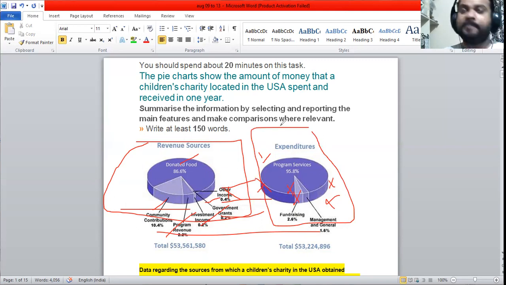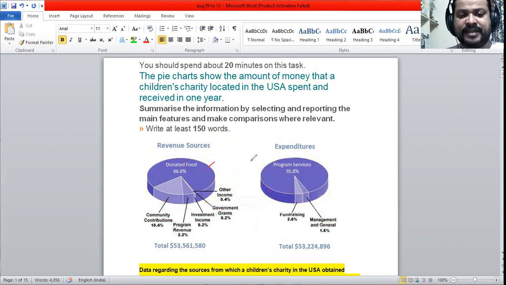So comparison is difficult. If I had one parameter here and the same parameter there, then I could say revenue is this and expenditure on this thing is this. That type of comparison is impossible here. So what we have to do is write them separately.